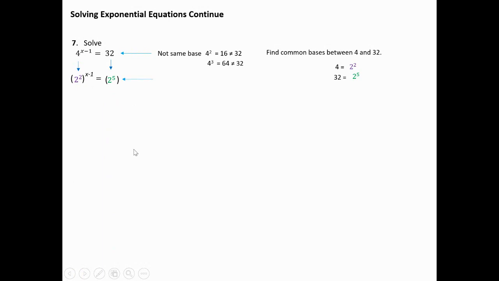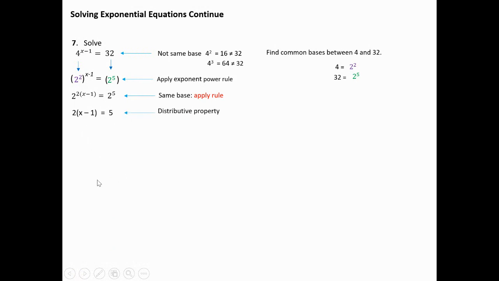So again, here, guys, I'm going to apply the exponent power rule, which means I'm going to multiply the exponents. So this becomes 2 to the 2 times parentheses x minus 1 equals 2 to the 5th. Now they have the same base, so now we can apply the rule. The rule means that since they have the same base, the exponents must equal each other.